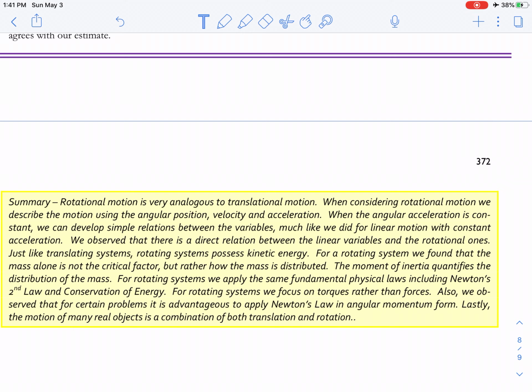For rotating systems, we focus on torques rather than forces. Also, we observe that for certain problems, it is advantageous to apply Newton's law in angular momentum form. And lastly, the motion of many real objects is a combination of both translation and rotation, so that's why we really need to understand both of them.